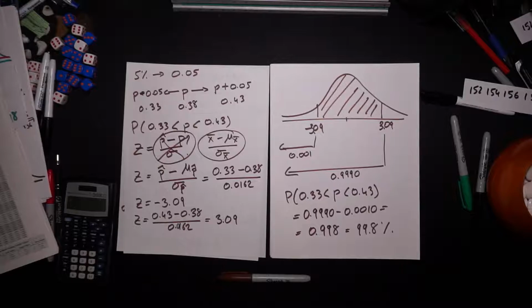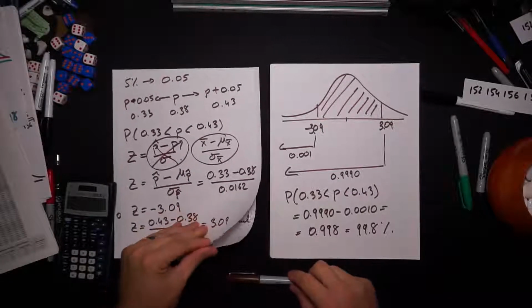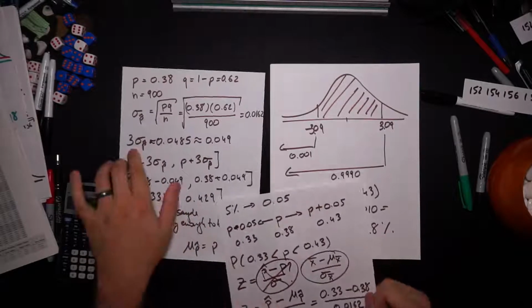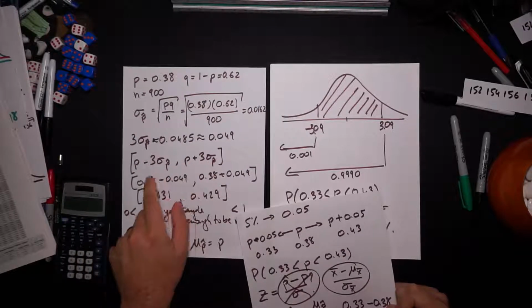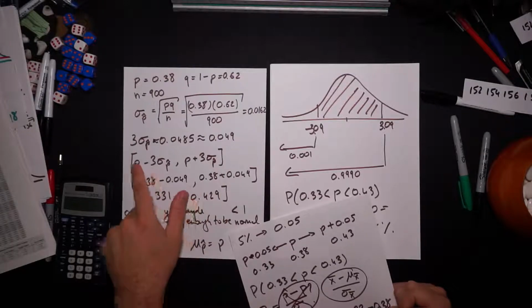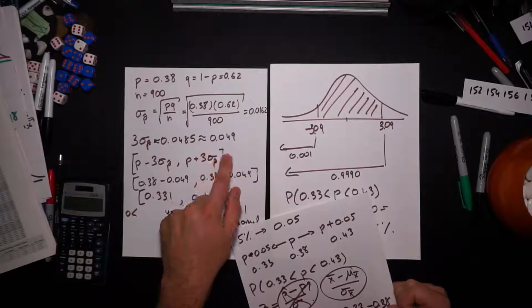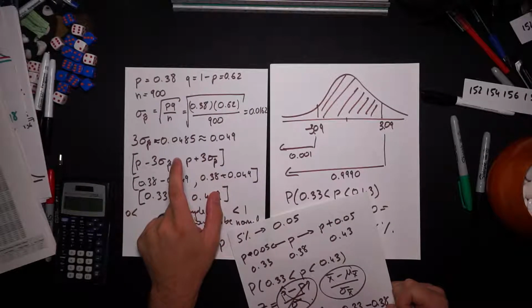Again, how do we do it? We do it exactly the same way. First of all, we need to check if we can approximate it with normal, and this method right here to check if this is between 0 and 1 is a way.